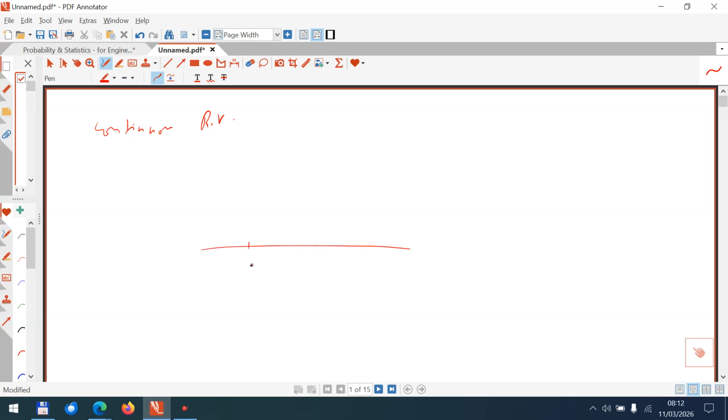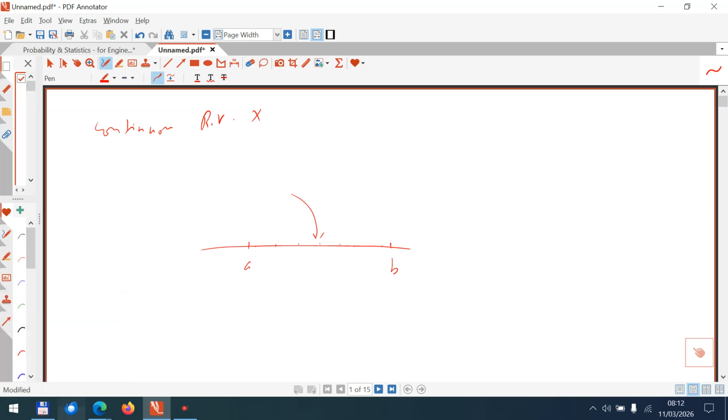I have some interval a and some interval b. It can be any values, and a random variable x can have any value between this interval. So how many points do I have here? Infinite points, right?